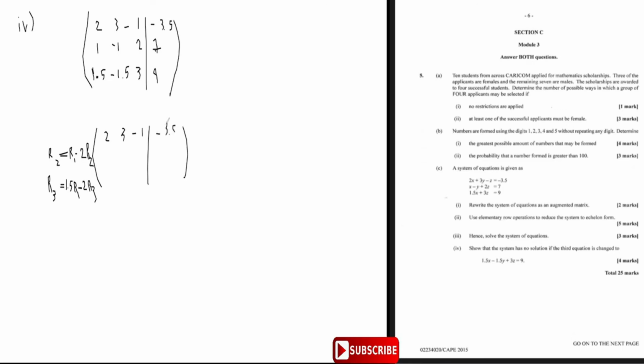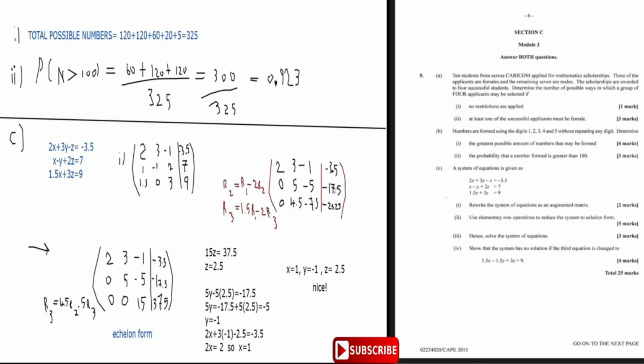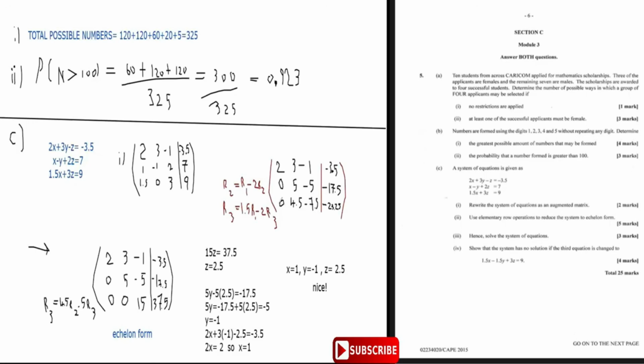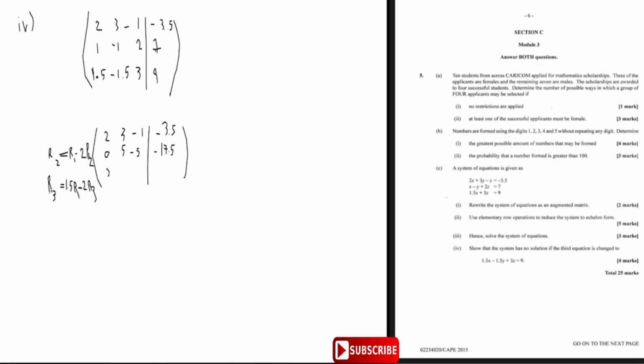Then remember what we got for row 2. Row 2 would have been 0, 5, minus 5, minus 17.5. Row 3 is going to be the only difference now. Here we know we're going to get 0, but now we have to do some calculations. 1.5 row 1 minus 2 row 2.